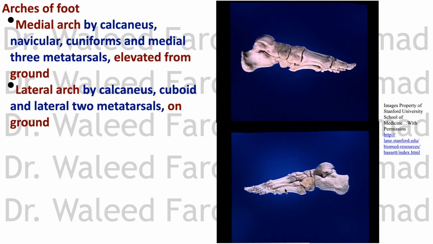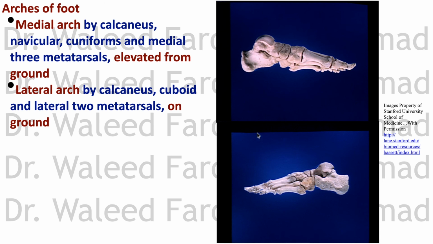Now I want to remind you of something. Remember that the flexor hallucis longus tendon gives 2 slips to the second and third toe tendons of the flexor digitorum longus. Why?